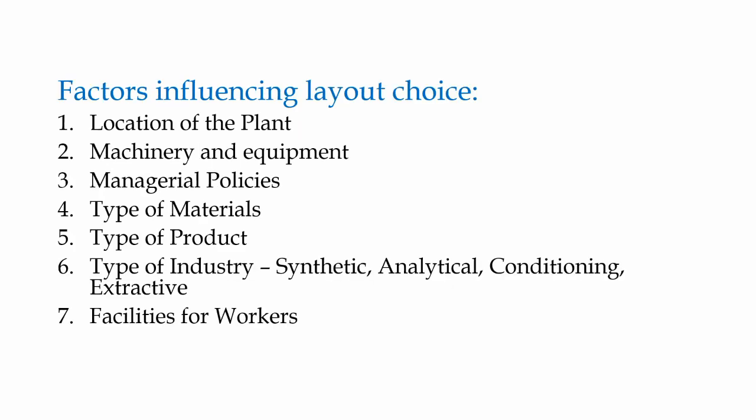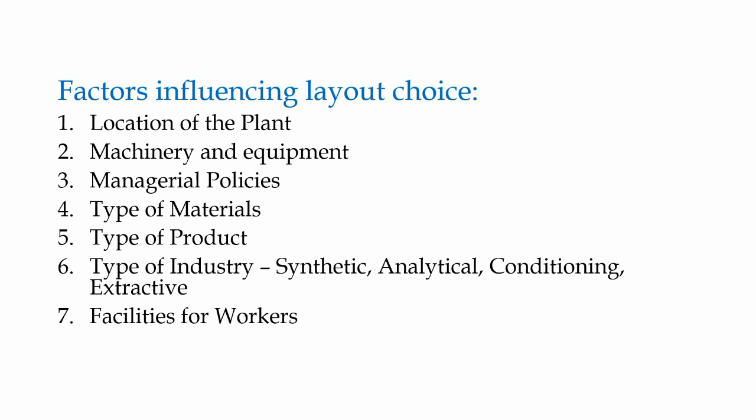Now coming to the factors influencing layout choice. First one is location of the plant, where the plant is located and what type of product we are manufacturing. And then coming to the second one, machinery and equipment, what type of machines and equipment we are going to use for our product.